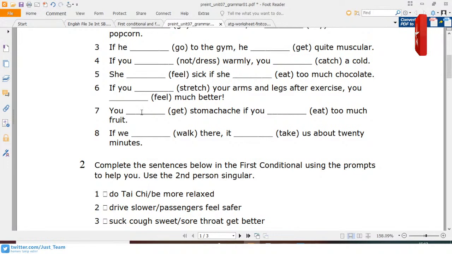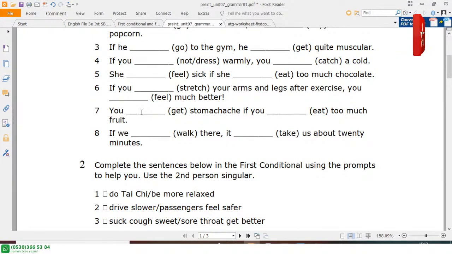We can use present simple and any present tense for the if clause, and also we can use any future forms for the main clause. For example, we can use future simple, future continuous and future perfect. This is upper intermediate grammar, but today's lesson is for pre-intermediate. That's why I didn't explain it.